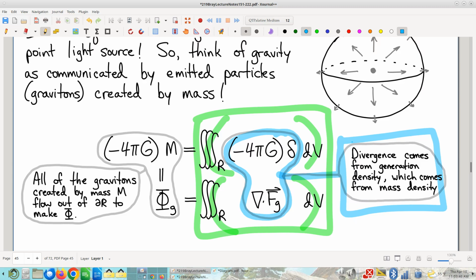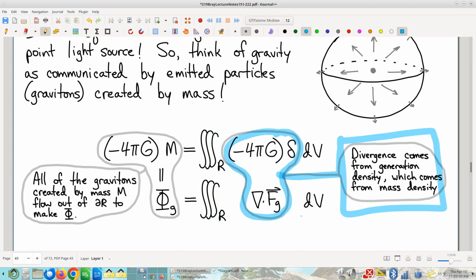And by the way, what's really cool about this is that it doesn't matter where the mass is. If you're talking about maybe all the mass is at the origin, okay, I suppose. But how about this? What if some of the mass was over here? Or some of the mass was over there. Maybe more mass is over here.